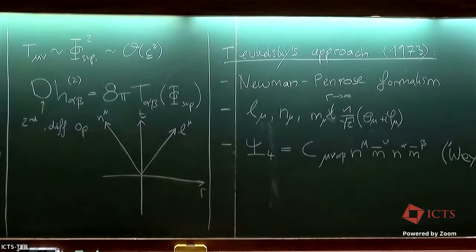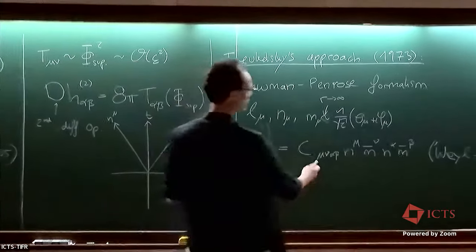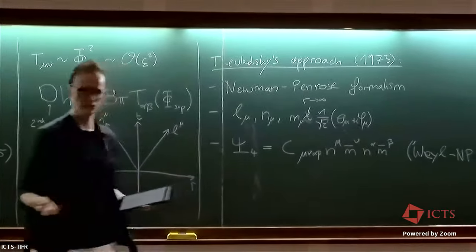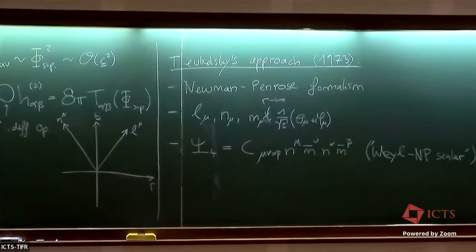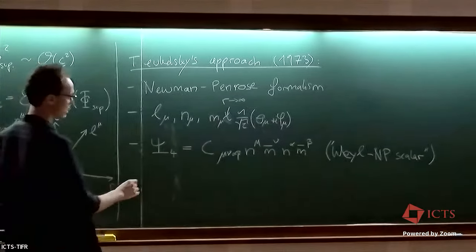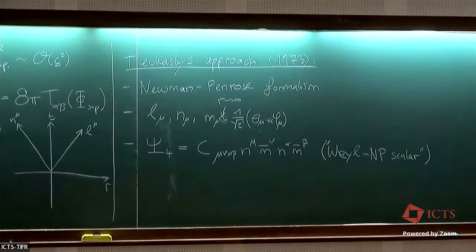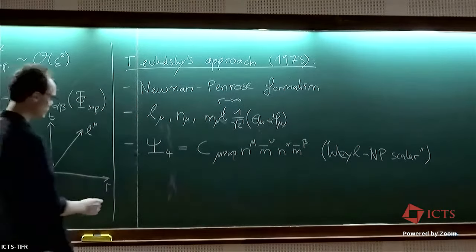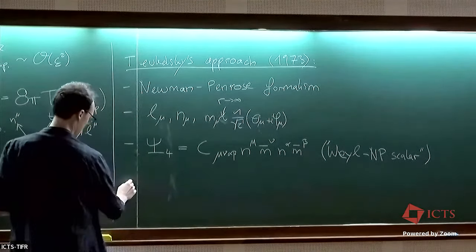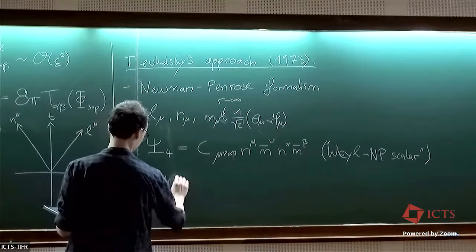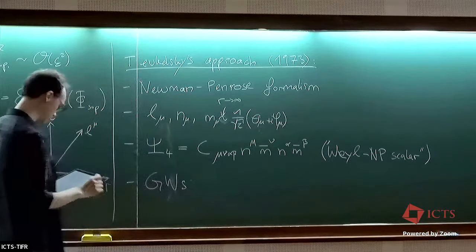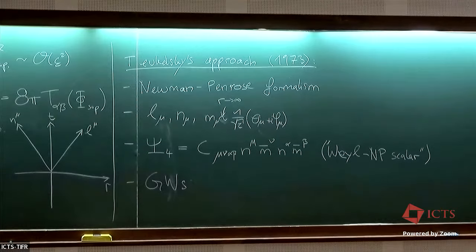Okay, so why is this particular contraction so interesting to us? The reason is that this contraction, this psi 4, contains the gravitational radiation at null infinity. And to roughly see why that is the case, for gravitational waves, we can do the following.